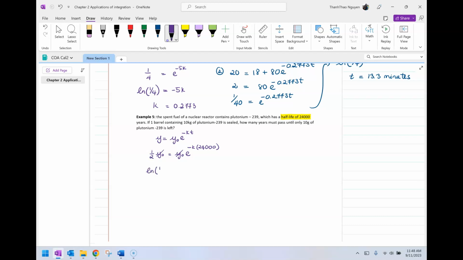So ln of 1/2 equals negative 24,000 times k. This means k is equal to ln of 1/2 divided by negative 24,000.